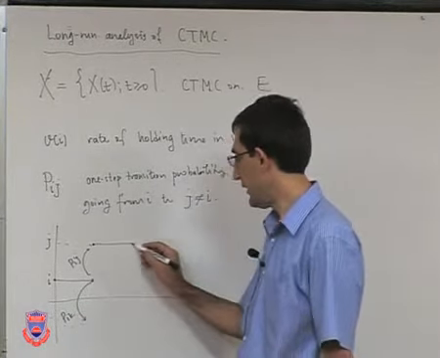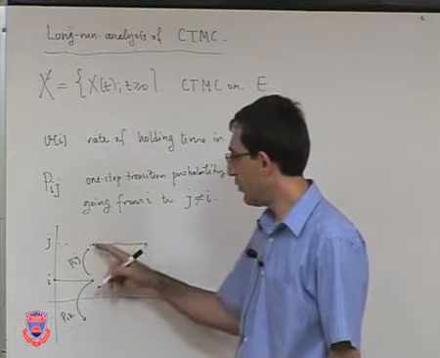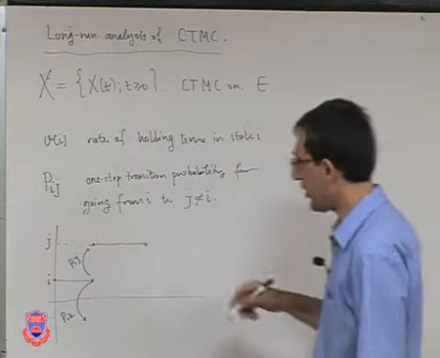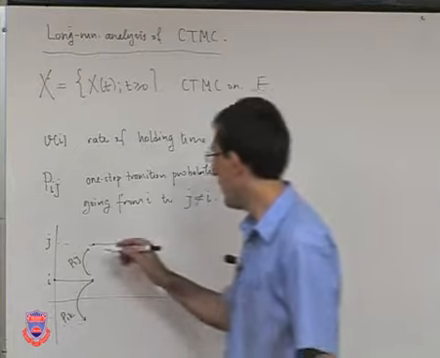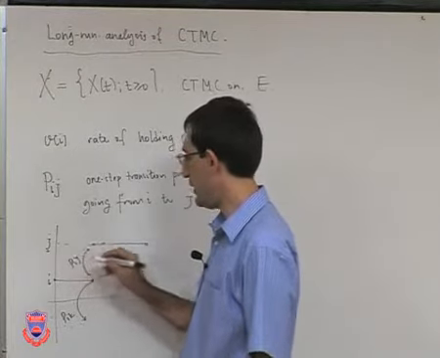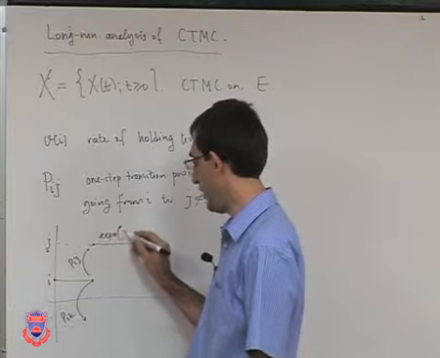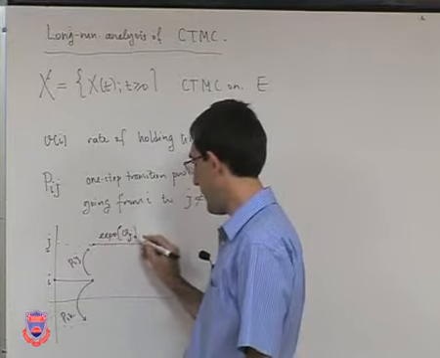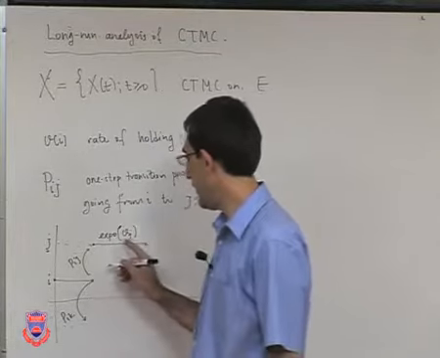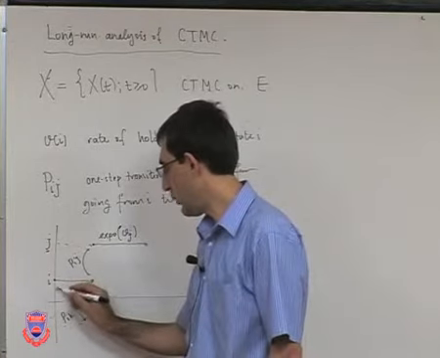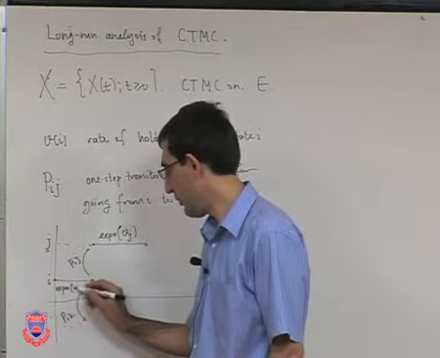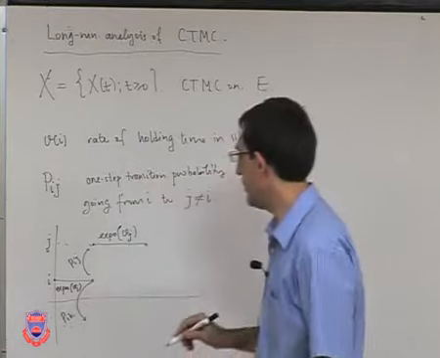If it is in state j, it stays there for a time which is exponentially distributed, this time with rate determined by state j, so an exponentially distributed random variable with rate Vj. And this was an exponentially distributed random variable with rate Vi.